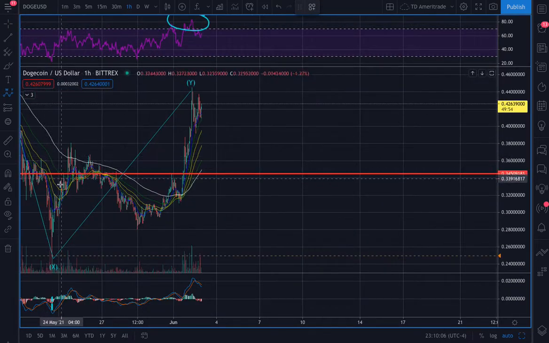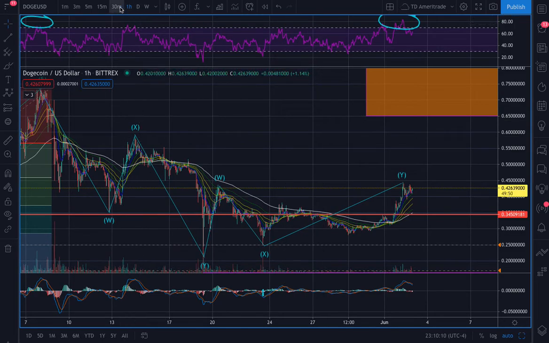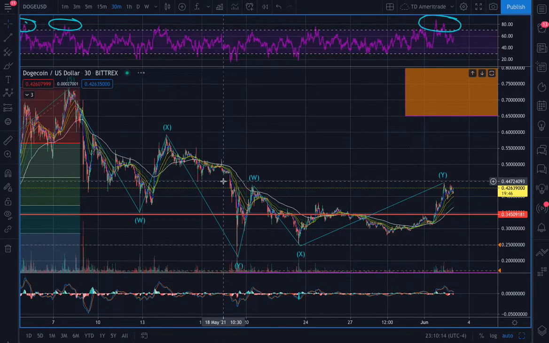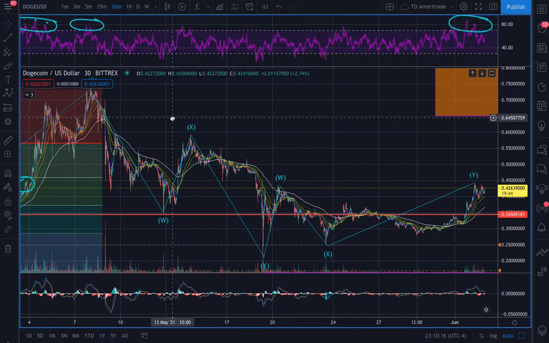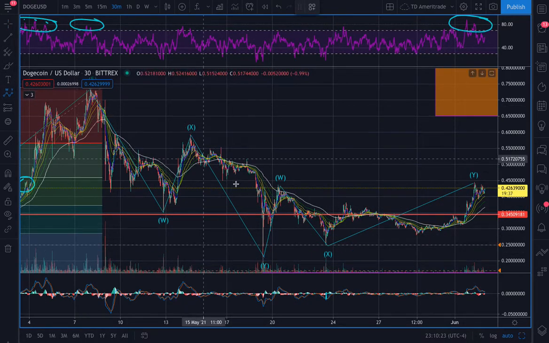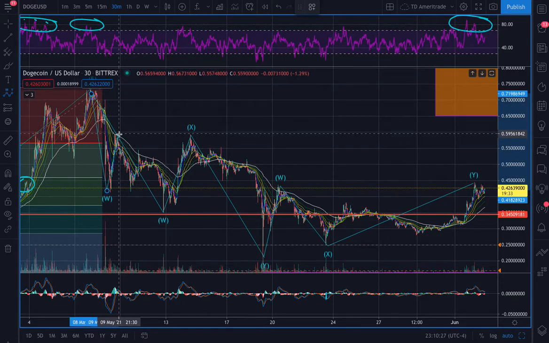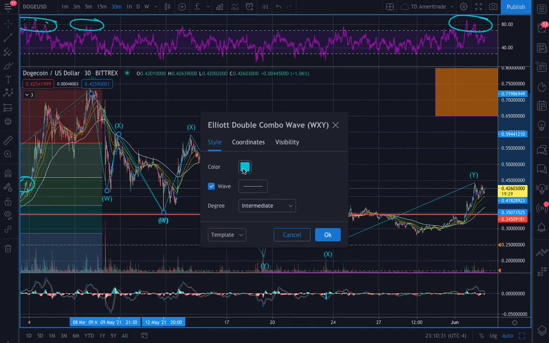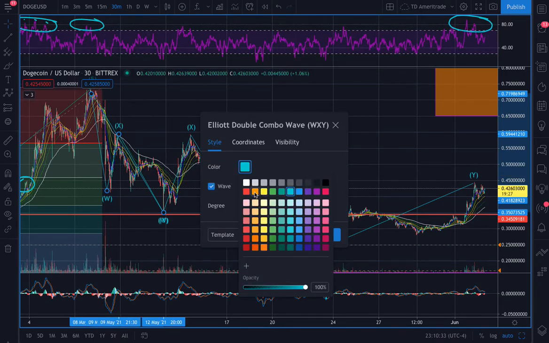For example, let me change the color of this. But here's the correction. It's taking up the entire screen. And I see there are subwaves like this. And I'll change the color of that to something else.